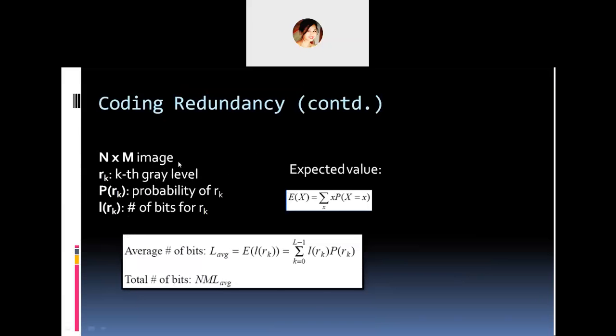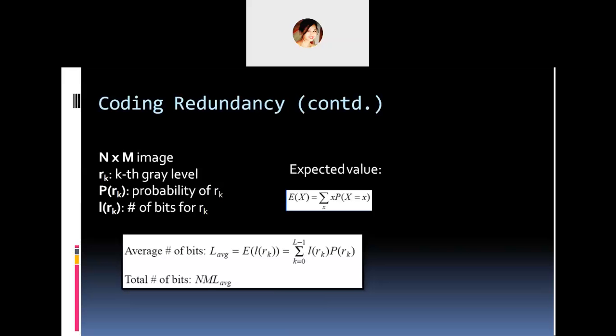Then going on to this, again we have, suppose, an n by m image. Here it is trying to define the probability of rk, that is the probability distribution function of rk, where k stands for the kth gray level, okay?